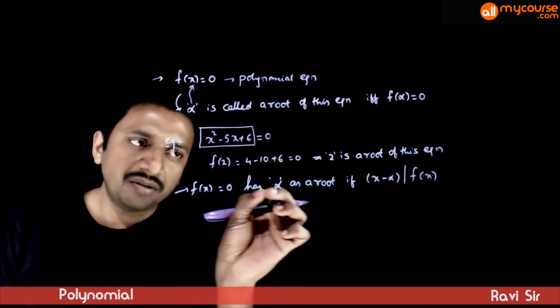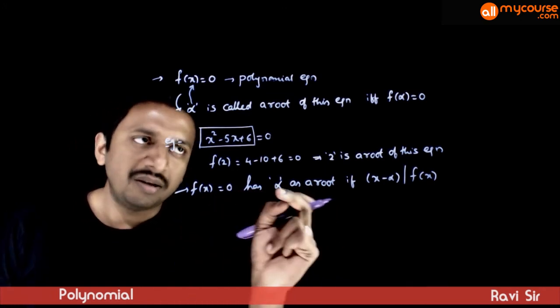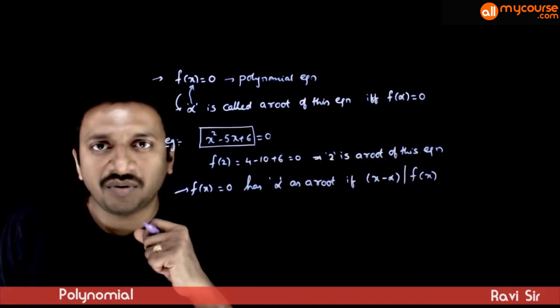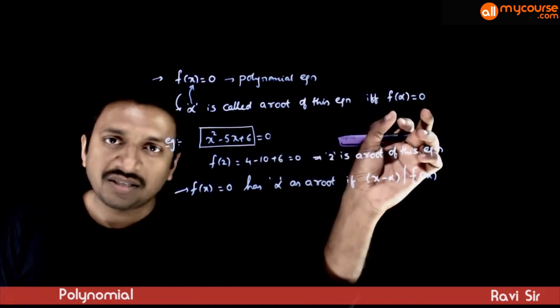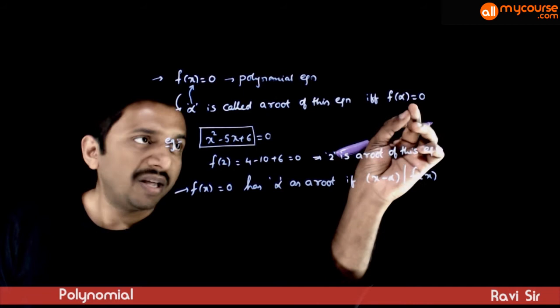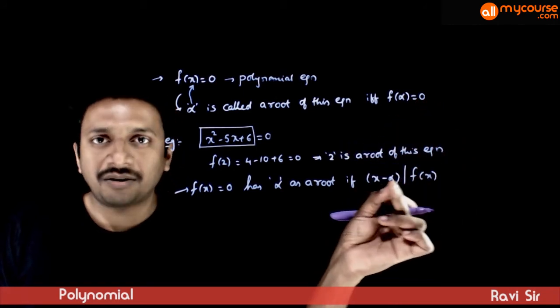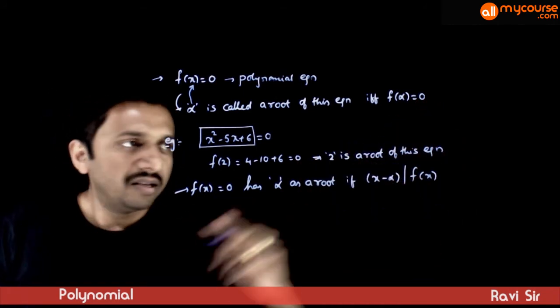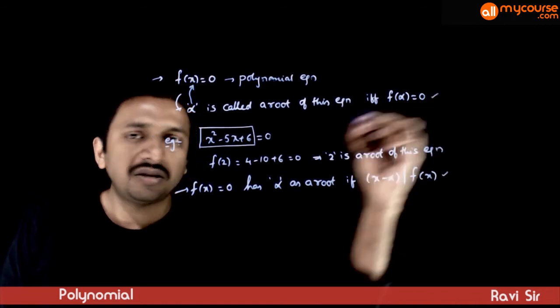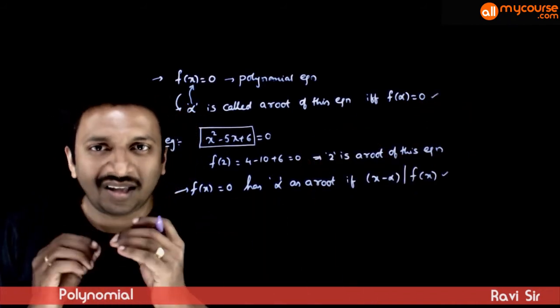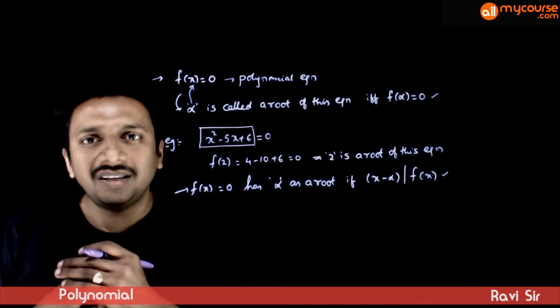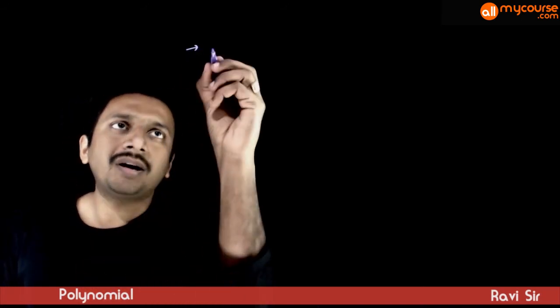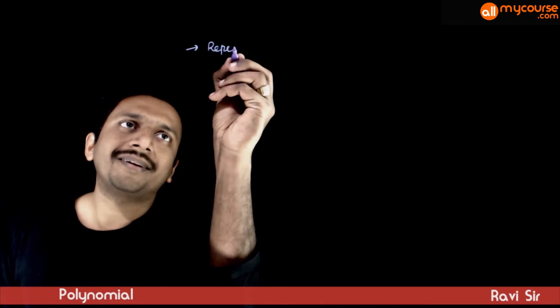If f of x is equal to 0 has alpha as a root, by definition f of alpha is equal to 0, and if f of alpha is equal to 0, from the factor theorem x minus alpha has to be a factor of f of x. So these are two ways in which we can determine whether a number is a root of the equation. Now that we have understood the meaning of root of a polynomial equation, let us look at what repeated roots are.